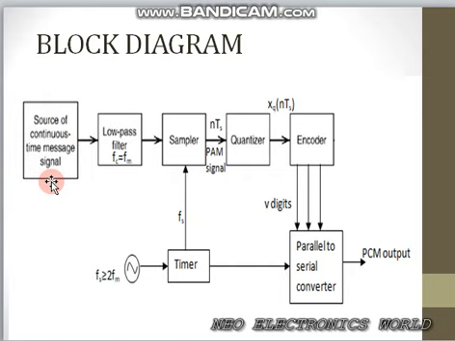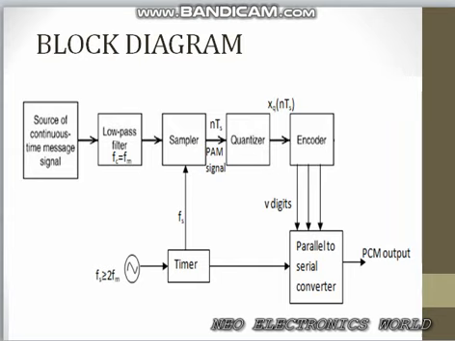The source will produce a continuous time message signal, and this signal is passed through a low pass filter whose cutoff frequency FC is equal to FM. We have studied in the previous semesters what a low pass filter is. A low pass filter will pass only the low frequency components of a message signal.